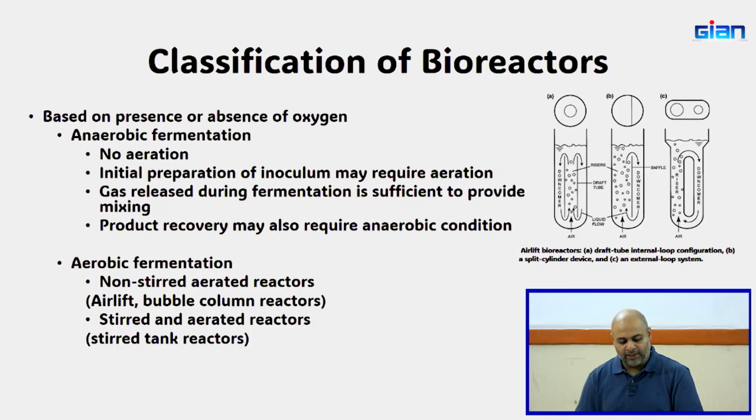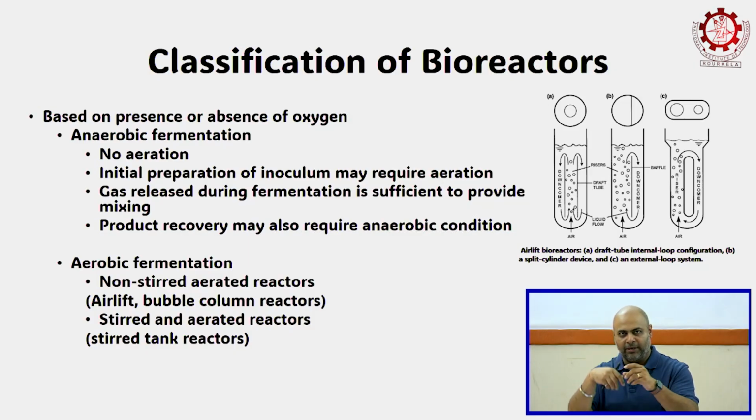For aerobic fermentation, you have non-stirred aerated reactors, which would be airlift bubble column reactors, so there is no impeller, and it's mostly being mixed with the aeration. Then stirred and aerated reactors, where you have the stirred tank reactors.